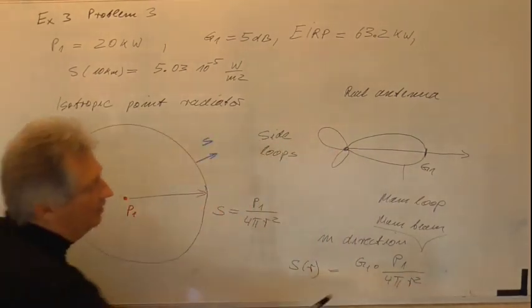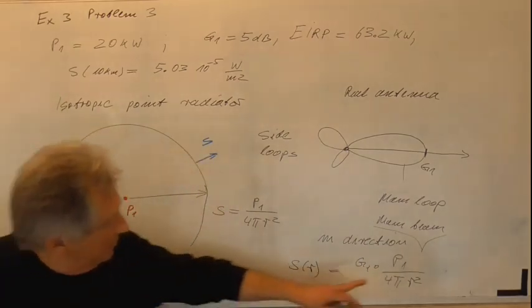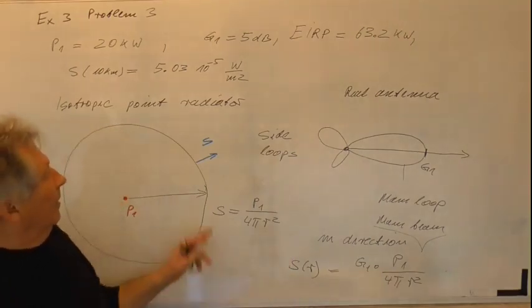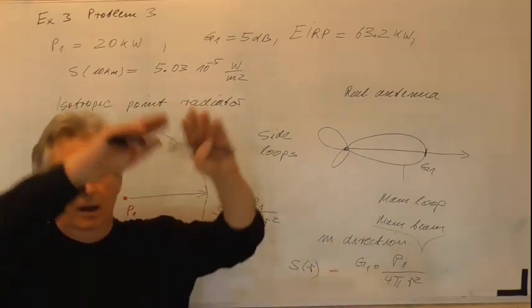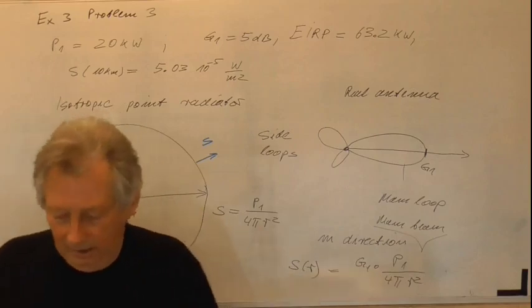This is then called isotropic radiated power, because it seems that much more power is radiated if I assume this to be a point radiator.